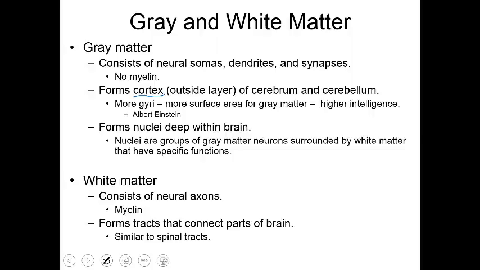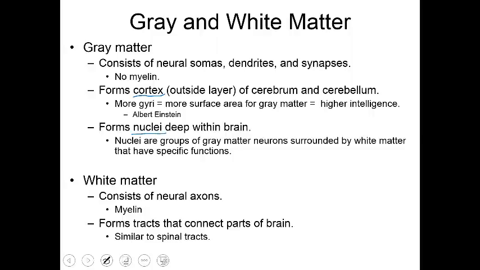Now, the white matter is located deeper within the brain, so not superficial. However, scattered in that white matter, we have certain regions of gray matter. So you have certain gray areas deep inside the brain, and they're referred to as the nuclei of the brain. Do not confuse this with the nucleus of the cell.